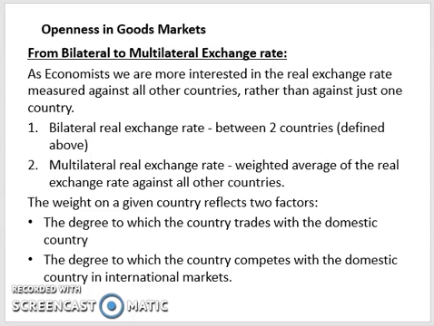So, for example, take two countries, South Africa and country A. Suppose South Africa and country A do not trade with each other, so trade shares are equal to 0, but they are both exporting to another country, call it country B. The real exchange rate between South Africa and country A will matter very much in terms of how much South Africa exports to country B, and therefore to South African export performance. The variable constructed in this way is called the multilateral real South African exchange rate.